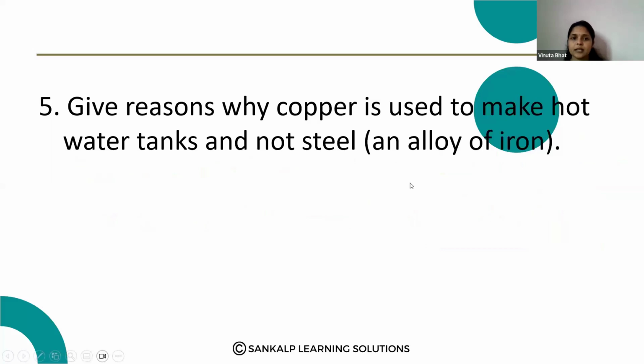Next question. Give reasons why copper is used to make hot water tanks and not steel, an alloy of iron. So what is the reason for this?